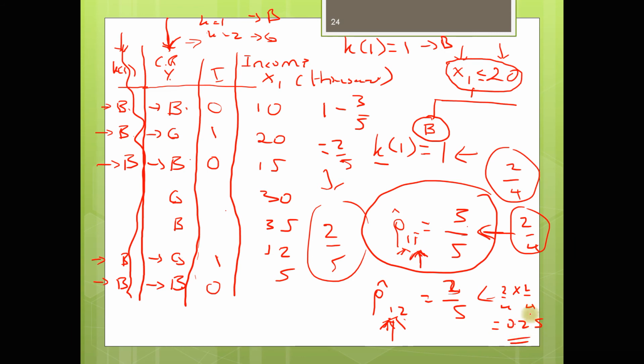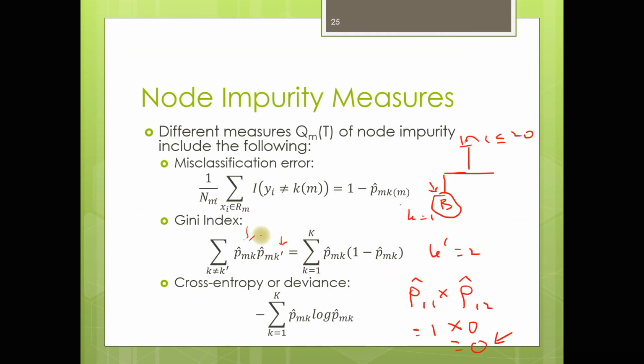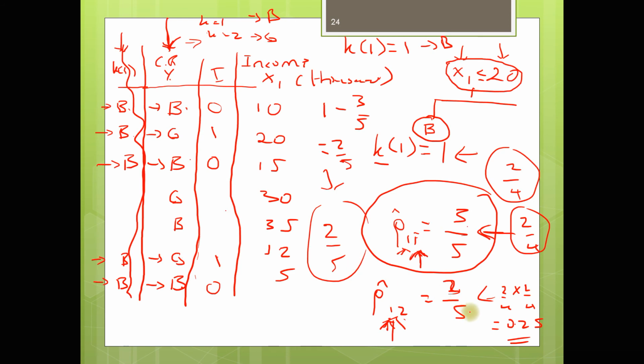And 0.25 as an impurity measure would mean that it would be hard to classify such a record. You understand? Because you don't know whether it should be good or bad. It's equally likely to be good or equally likely to be bad.